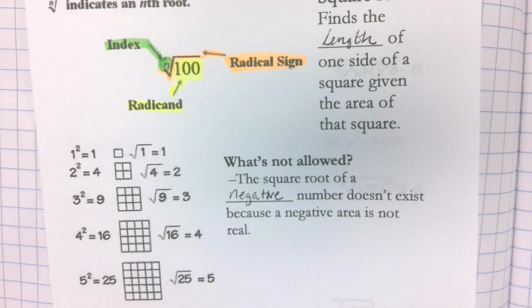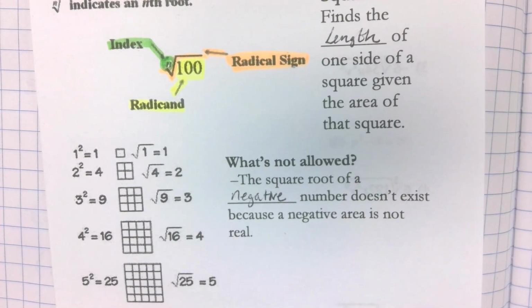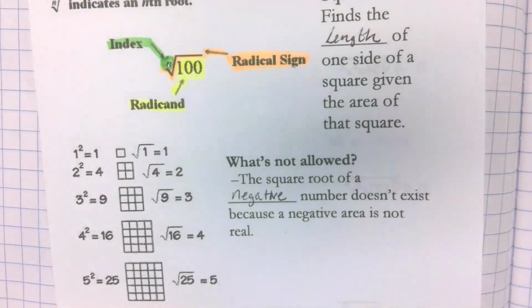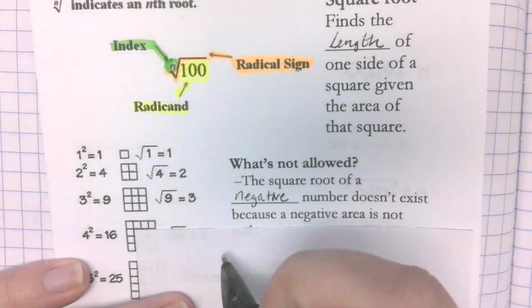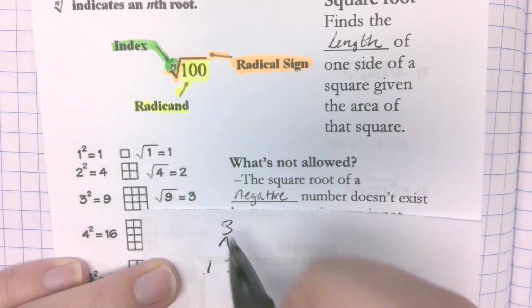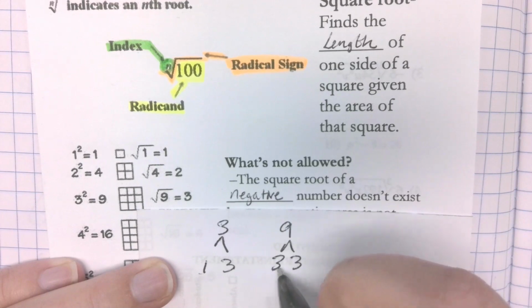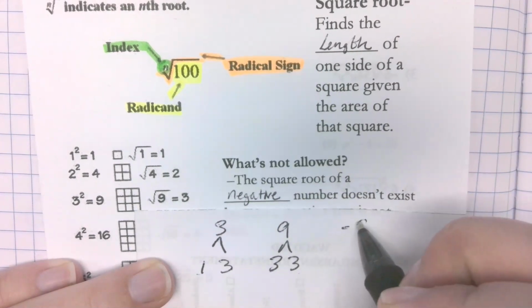Now, the reason this makes sense is, can you have a negative area? Not really. The other thing is, think about it. If I have 3, that is prime, and I could have 1 times 3 to make it. But let's go 9, 3 and 3, right? But what if I do negative 9?